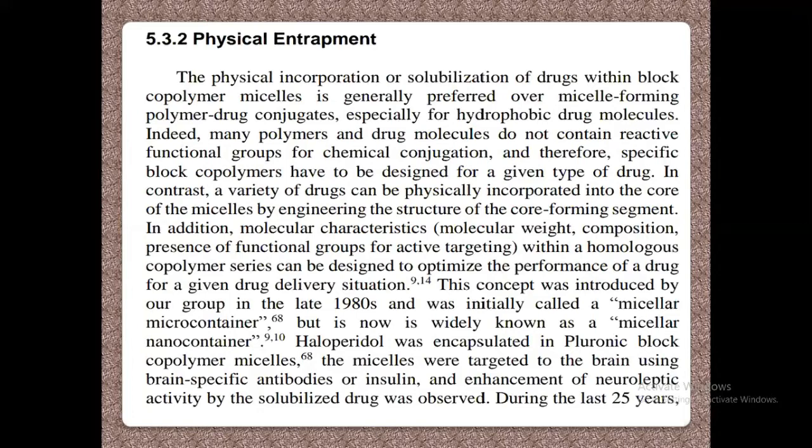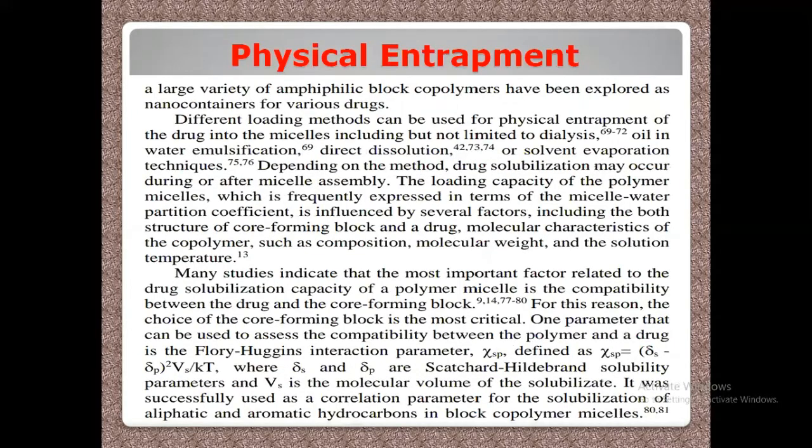If you take the last 25 years, you can see that a large variety of amphiphilic block copolymers have been explored as nanocontainers for various types of drugs. So for various drugs, if you want to load them and release them at the target, nanocontainers are used nowadays. That is otherwise nothing but the physical entrapment method.